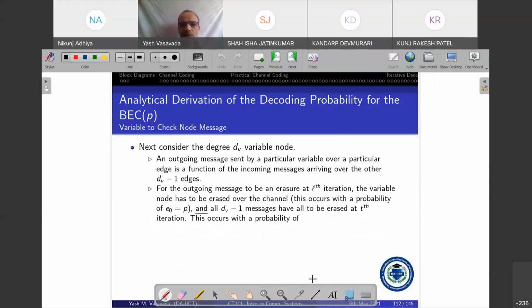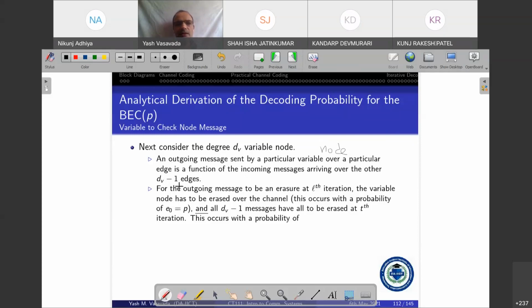Again, the same graphical structure applies: the outgoing message from a particular variable node over a particular edge towards a particular check node is a function of the incoming messages coming from the other dv minus 1 check nodes. This is what we looked at last time.